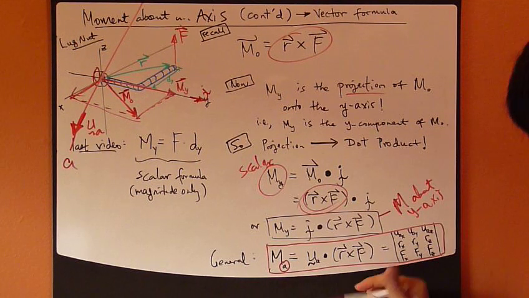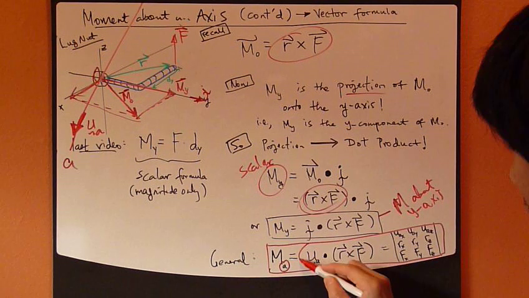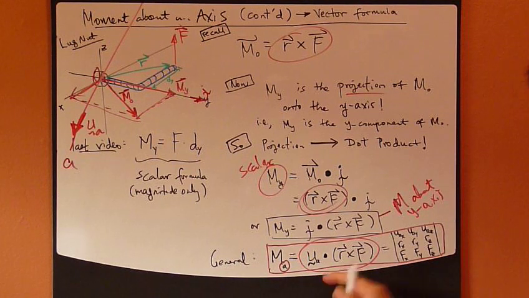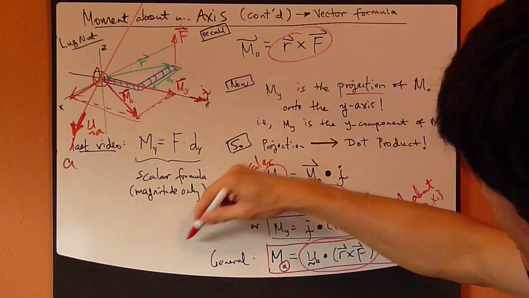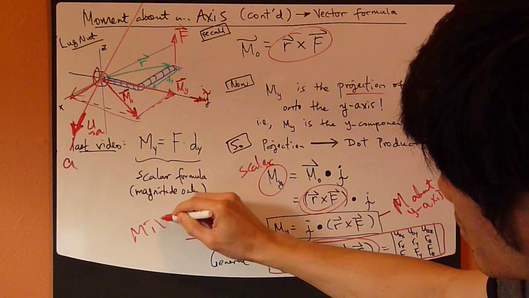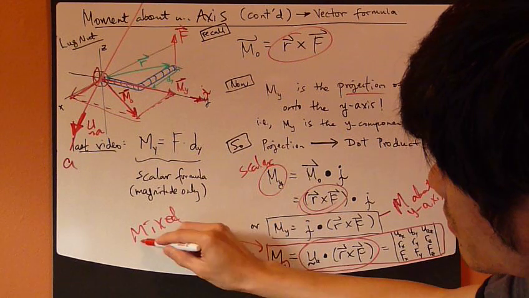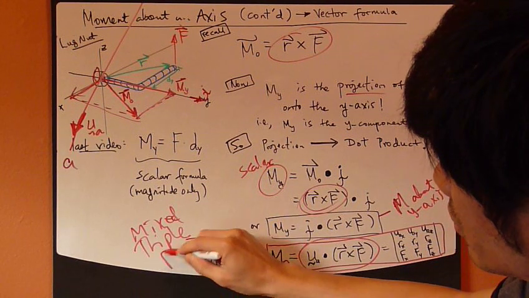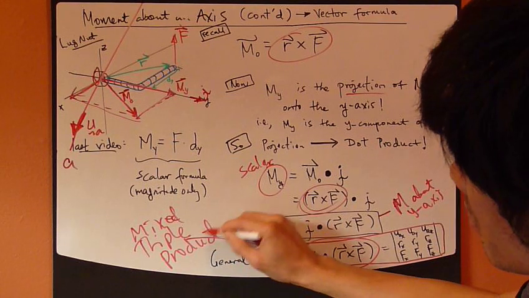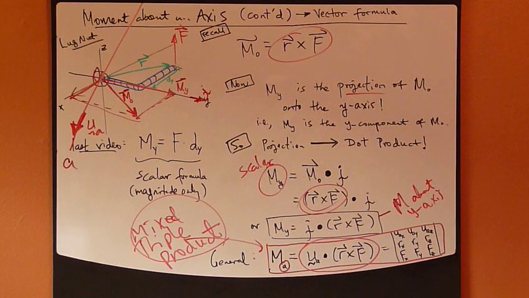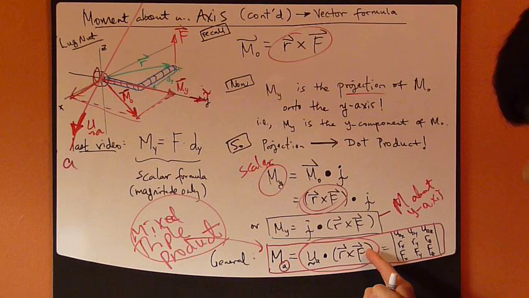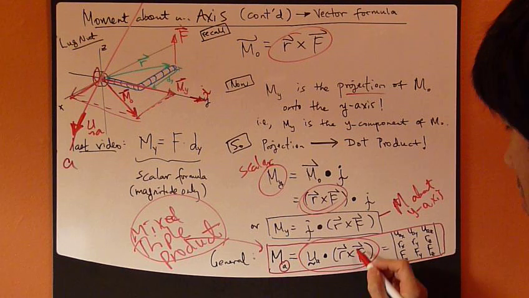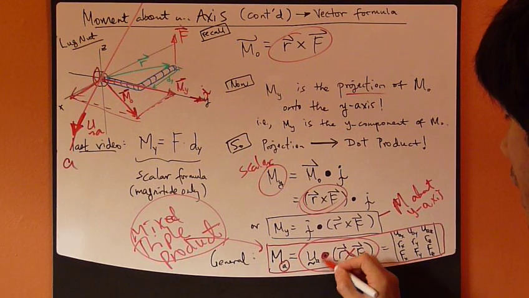This mixture, where you have a dot product and a cross product, is called the mixed triple product. Triple because you have three vectors, and mixed because you have a mix of cross product and dot product.